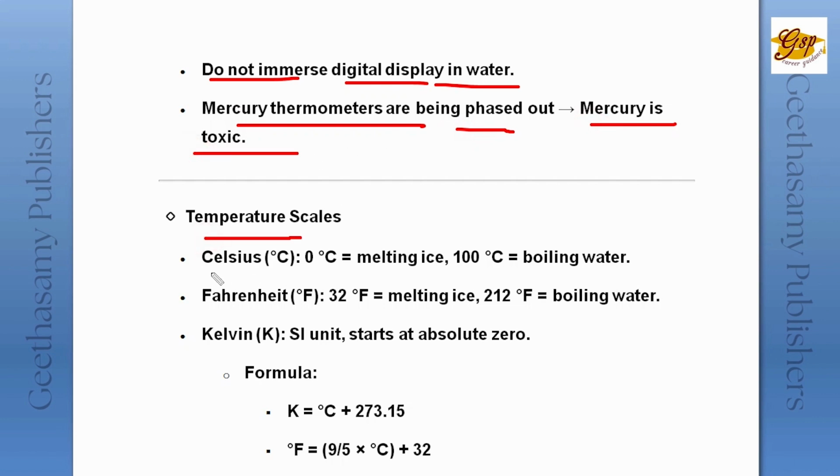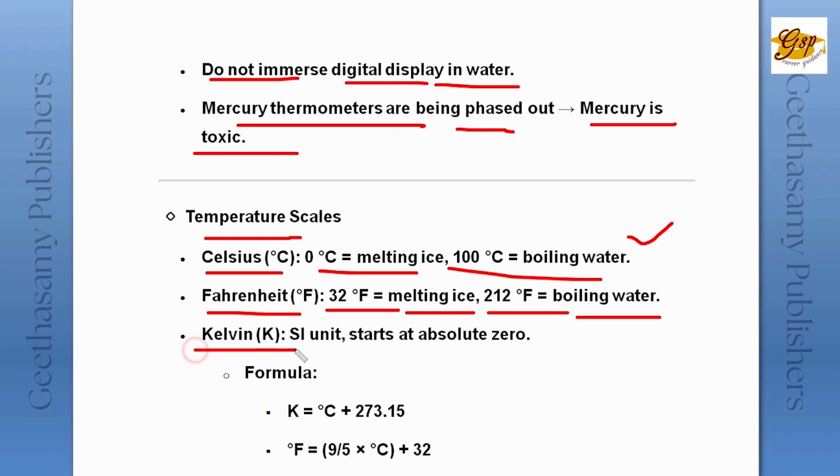Temperature scales: Celsius, 0 degrees centigrade is melting and 100 degrees centigrade is boiling water. Fahrenheit, 32 degrees F is melting and 212 degrees F is boiling water. Kelvin, the SI unit, starts at absolute zero.